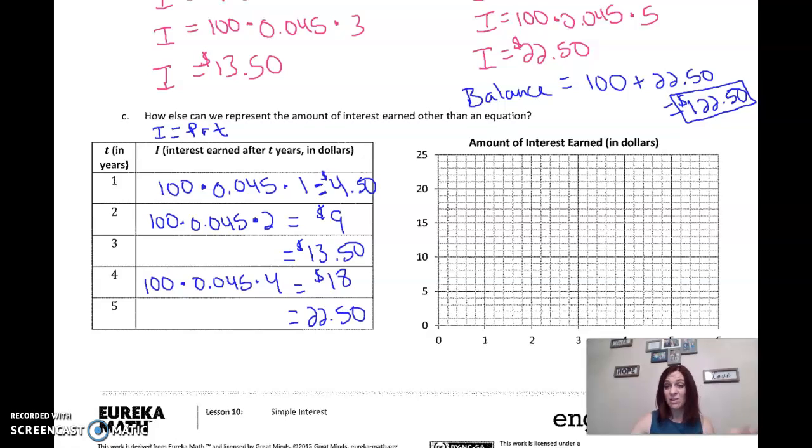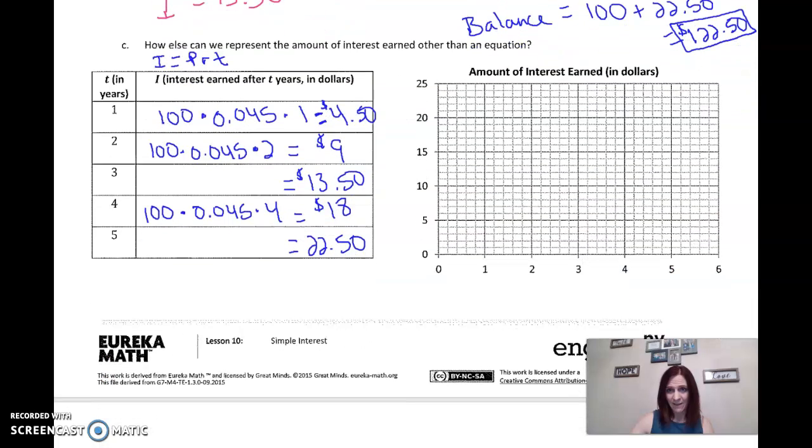All right, so we can also represent the amount of interest in a table. We can do it on a graph. So if I quickly graph this, remember, this down here is years. It's our T, right? And this is our interest. Our I. So after 1 year, we earned $4.50.